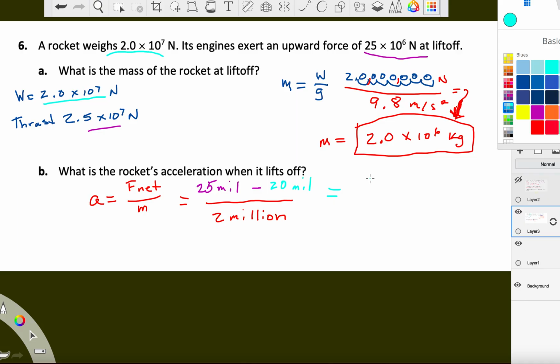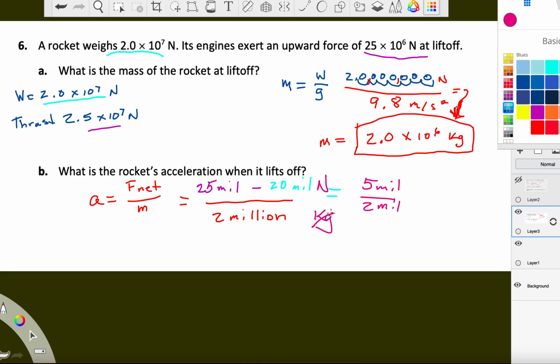And that's the best part, because I want to make it as easy as possible for you guys to understand this. You have a difference of 5 million, right? Because 25 minus 20 is 5. So 5 million divided by 2 million. And of course, these are newtons up here, and these are kilograms here.